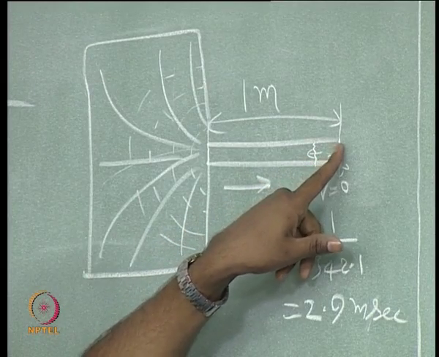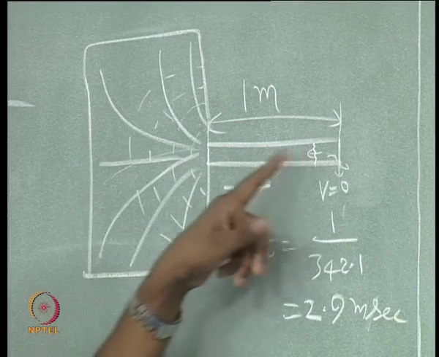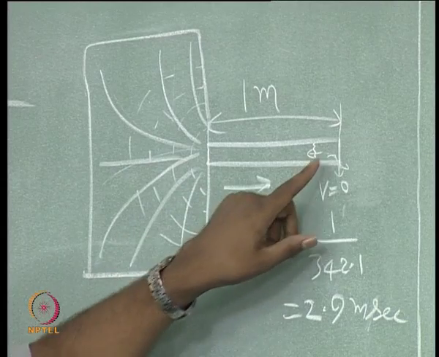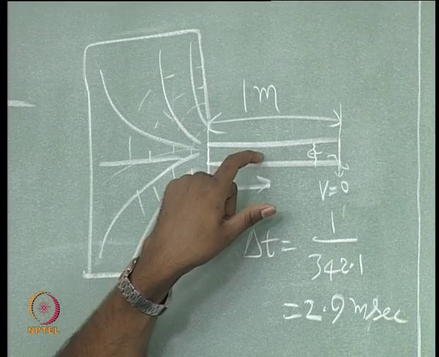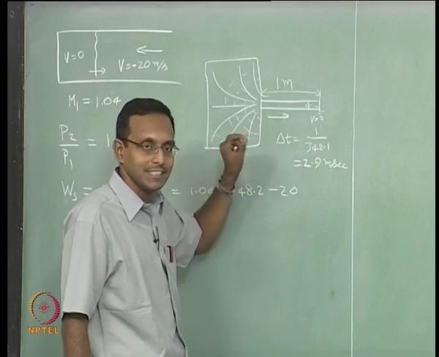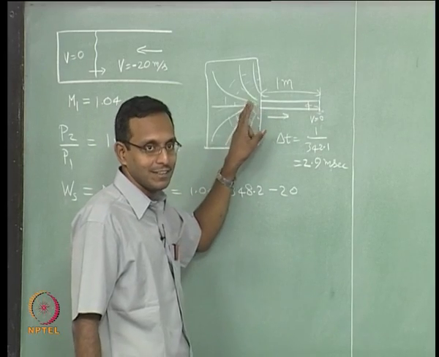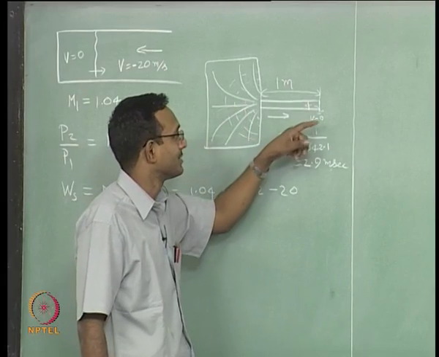Then at t equal to 0 I open it, the actual velocity of final steady state may still be 20 meter per second. But the process of accelerating this stagnant gas inside the duct is happening through expansion waves going this way, which will tell that there is less pressure there, so everybody move that way, that is the information that is going that side.